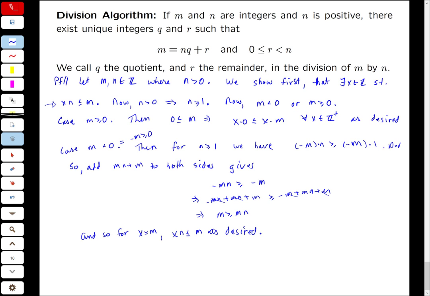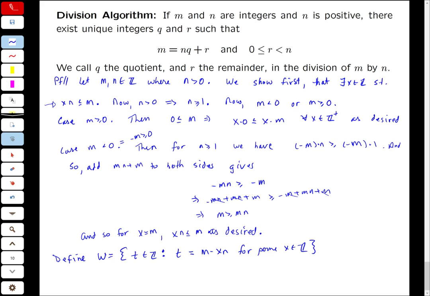Now what we're going to do is define our set W, and they put this in words. I'm going to put it in here: all t in the integers such that t is equal to m minus xn for some x in the integers.